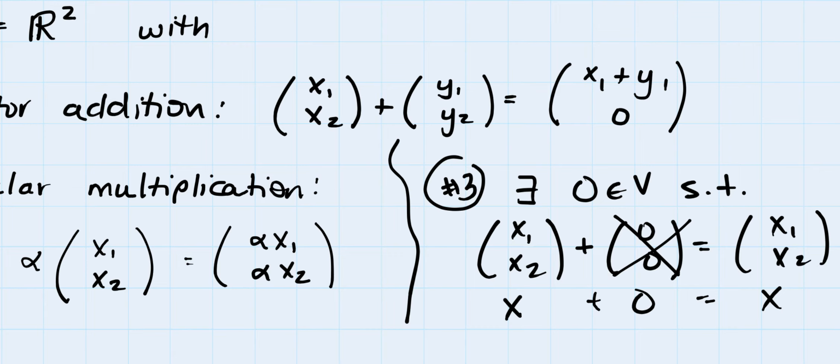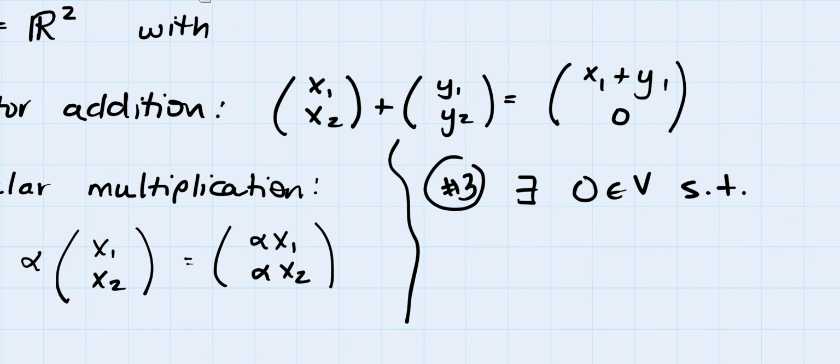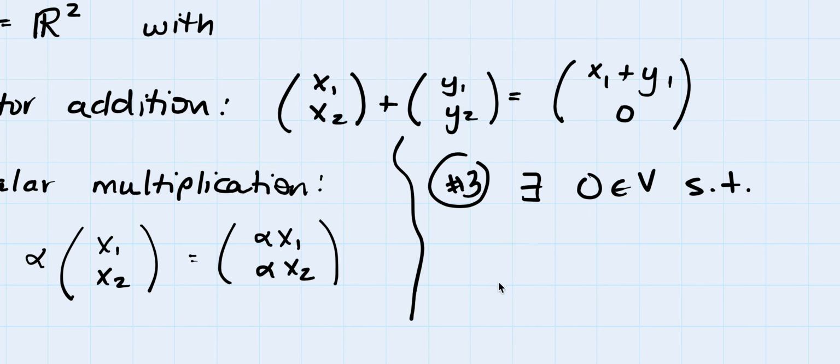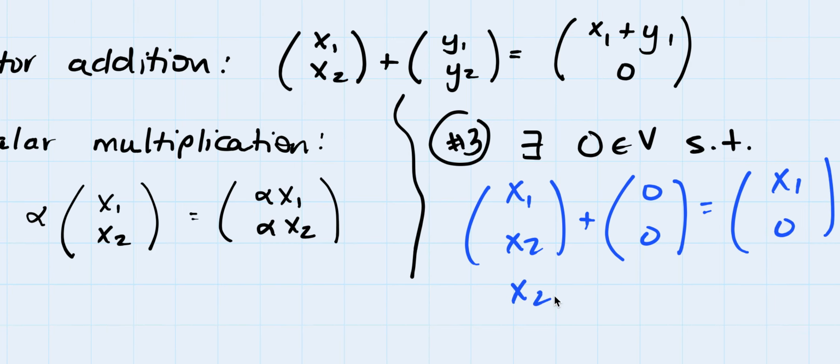So let's see that. Following this vector addition, x1, x2 plus 0, 0 is equal to x1, 0. If x2 is not equal to 0, x plus 0 does not equal x.